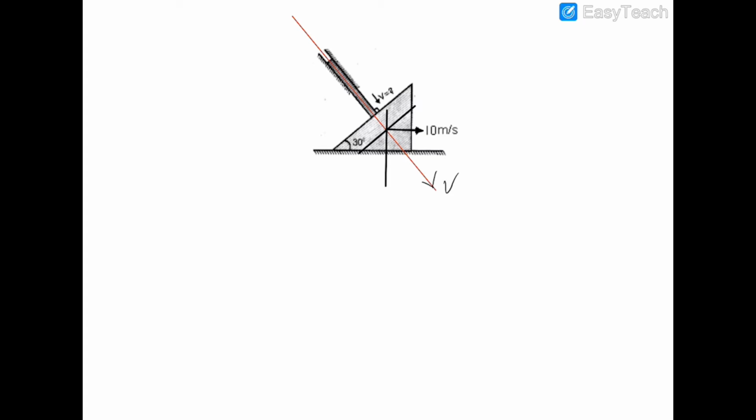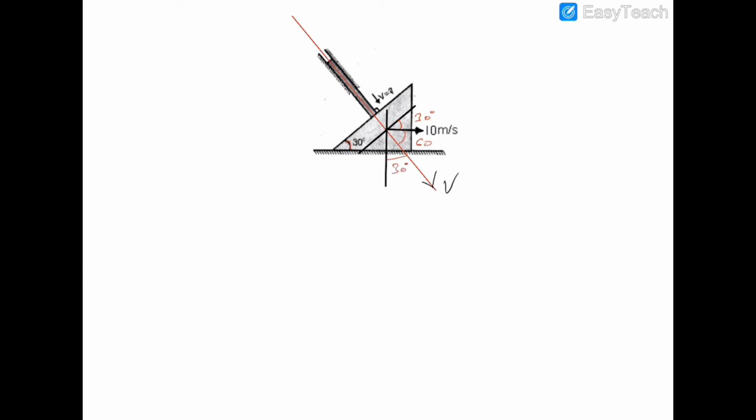So this angle is 30 degrees. This will be 30, and this angle will be 60 degrees, and this will be 30 again.